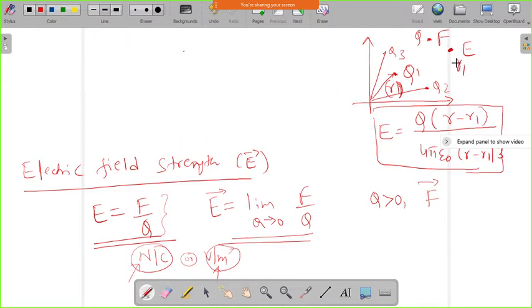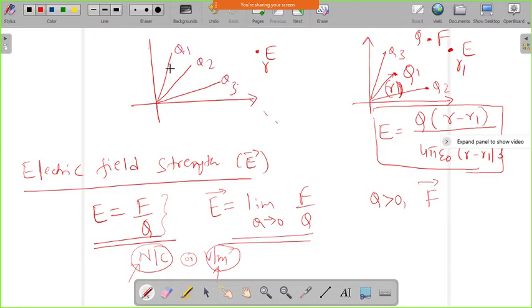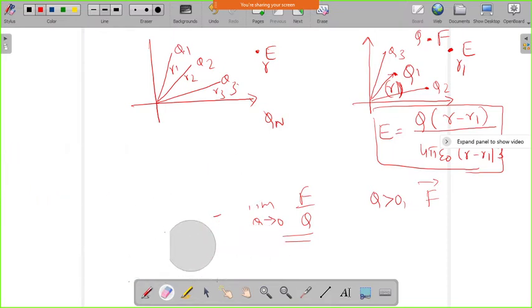So now I can take at point r, so if I want to find out the electric field strength at point r due to q1, q2, q3 and so on, at distances r1, r2, r3, like that. So if I want to find out the electric field strength due to the n number of charges, I can find it using the superposition theorem again.